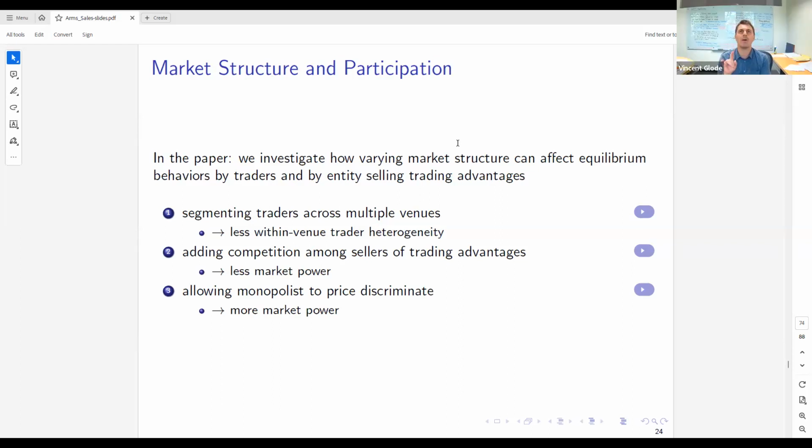Yeah, right now it's a benefit of participating, not a benefit of trading, right? But in a previous draft, we modeled it your way. It was a benefit of trading, but then the problem is that with that interpretation, we got the same results, not the same equations, but the same economic results.